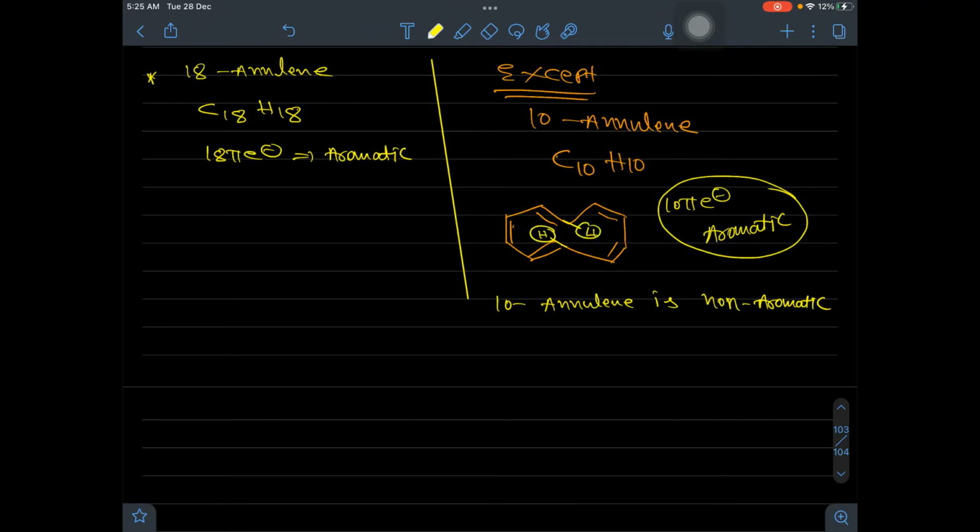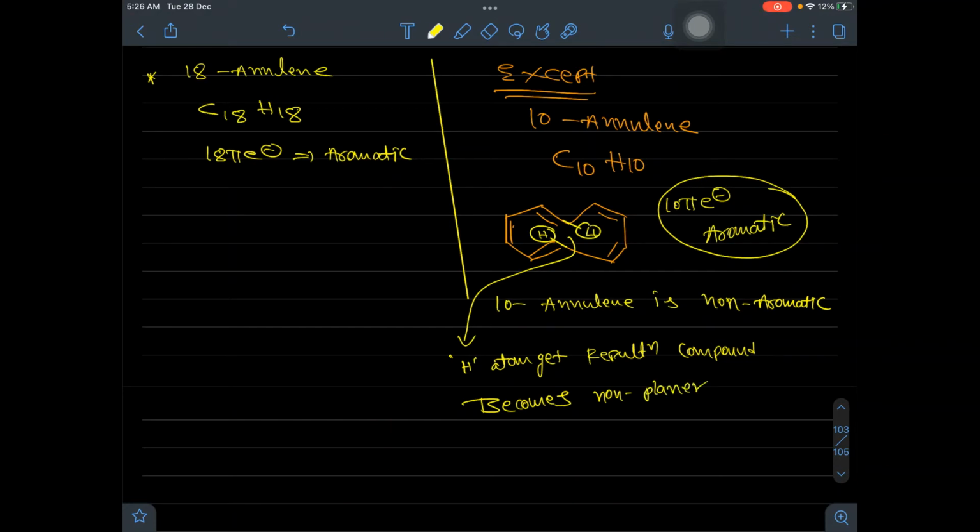These two hydrogens, remember, the hydrogen atoms get repulsion and the compound becomes non-planar. To be aromatic, the compound must be cyclic, planar, with complete conjugation and obeying Hückel's rule.